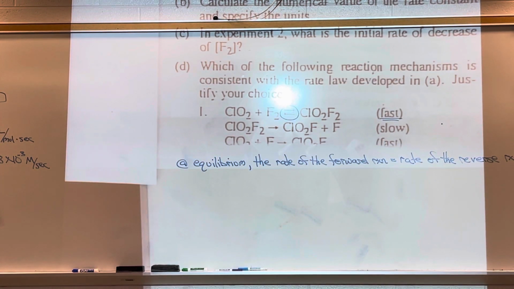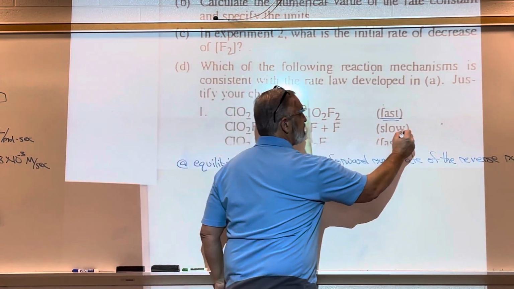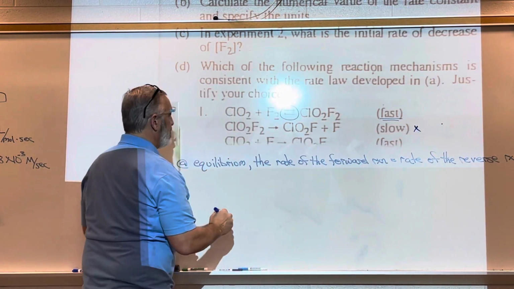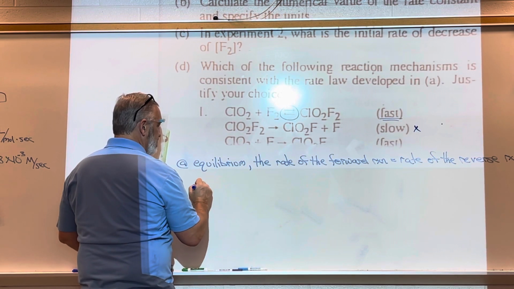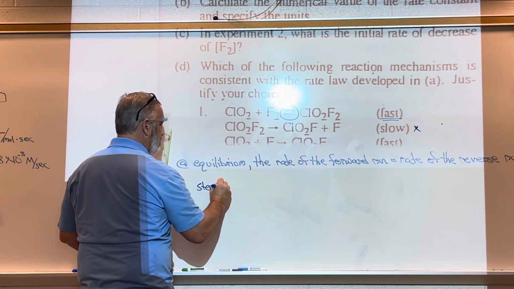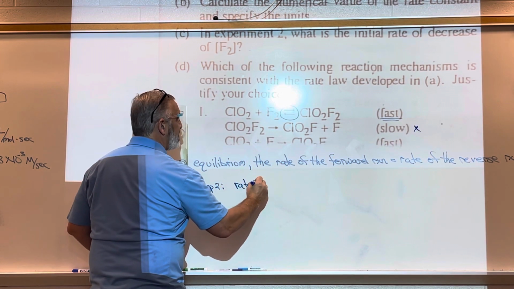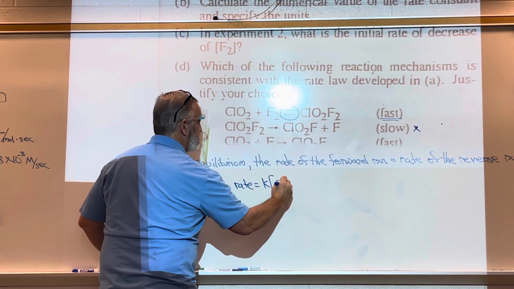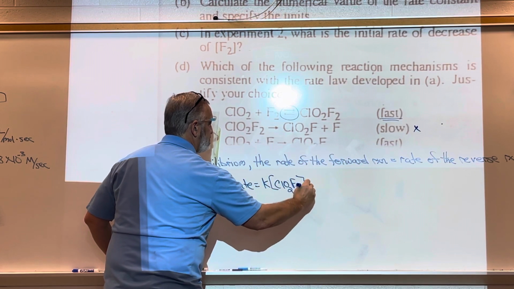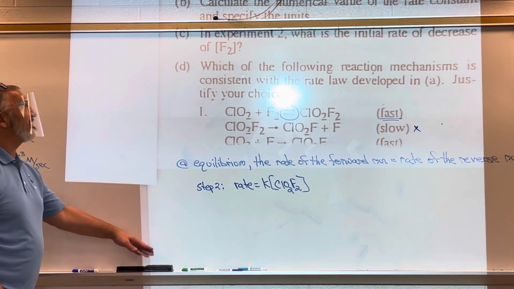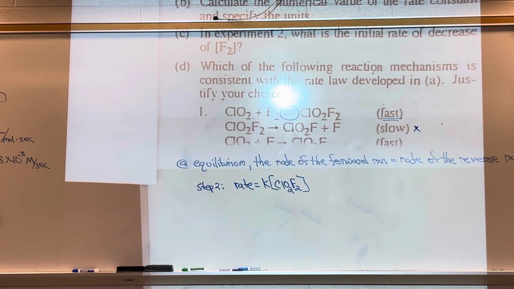If I wrote the rate law for my slow step, this should be my rate determining step. So for step 2, the rate is going to equal K times ClO2 F2. Now that isn't anywhere close to this one, and it has an intermediate in the rate law, which we don't want.